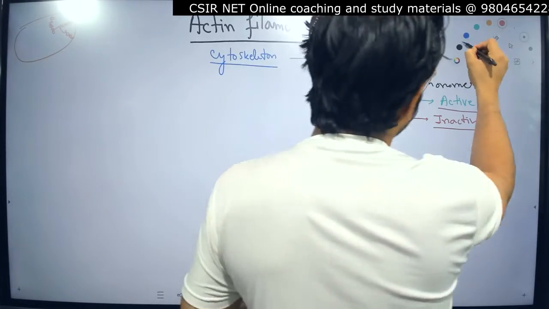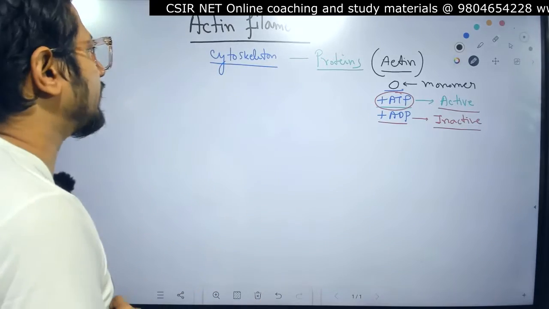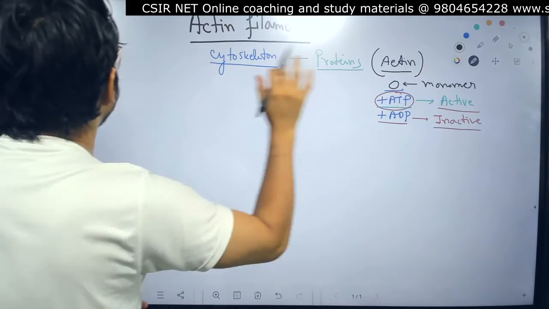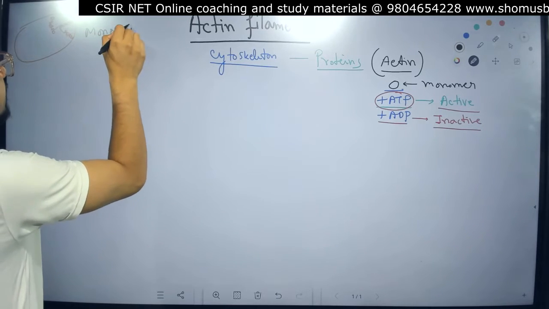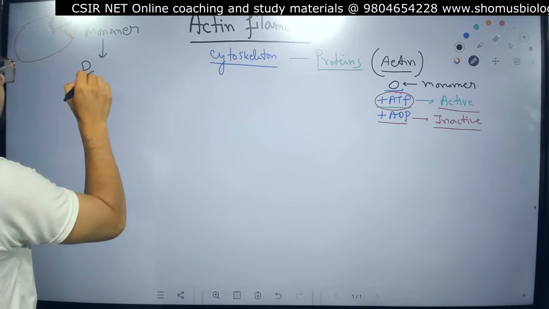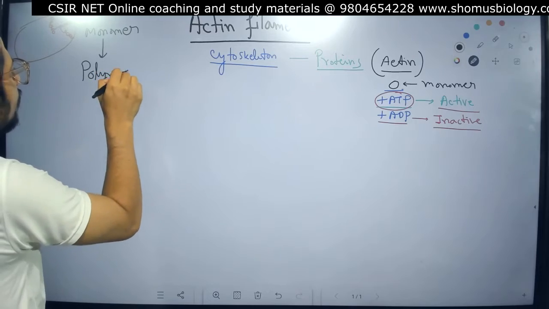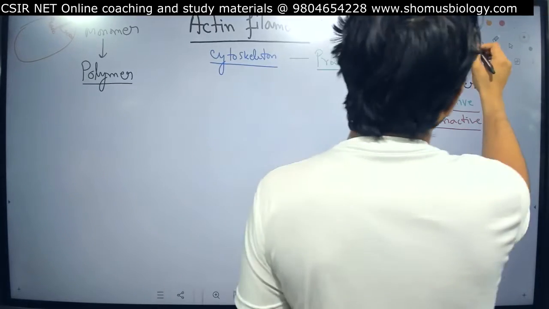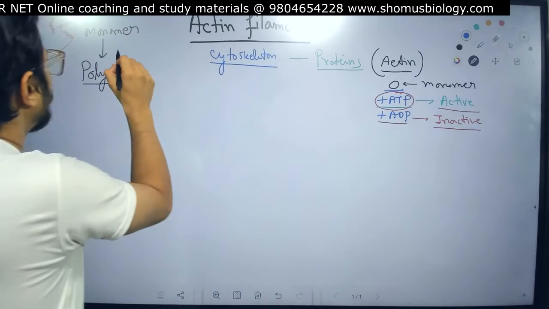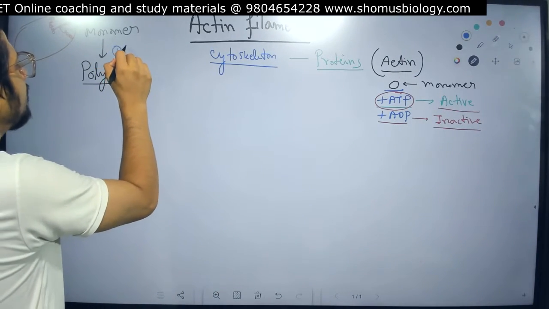So, what we are going to talk about here is how exactly this monomer of actin is converted to actin polymer. This is very important. For this process, they need one step known as nucleation.